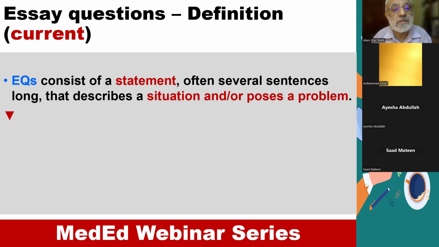An essay question consists of a statement, often several sentences long, that describes a situation or poses a problem. So the essay question itself may be a few lines or a few statements, and usually they would describe a situation and pose a problem.